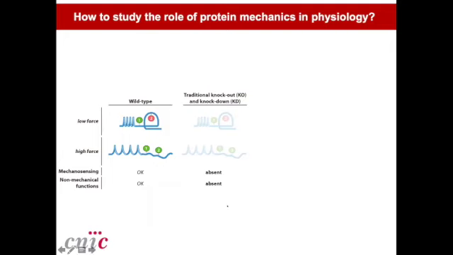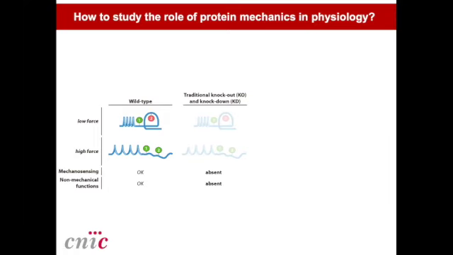Now, several approaches have been implemented to examine protein mechanics. For example, we can use the traditional knockout or knockdown or overexpression of a protein in cells. But in this case, we can alter the mechanosensing part of the protein, but also the non-mechanical function part of the protein.